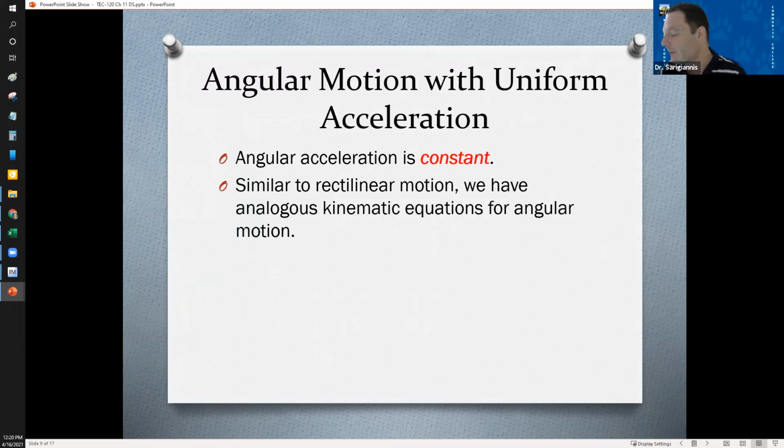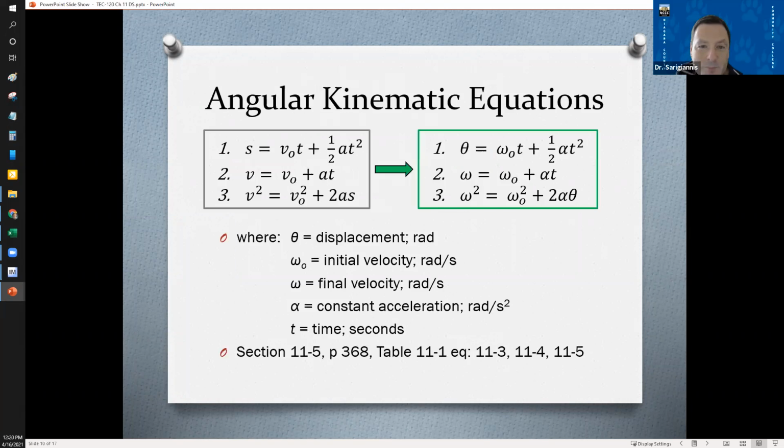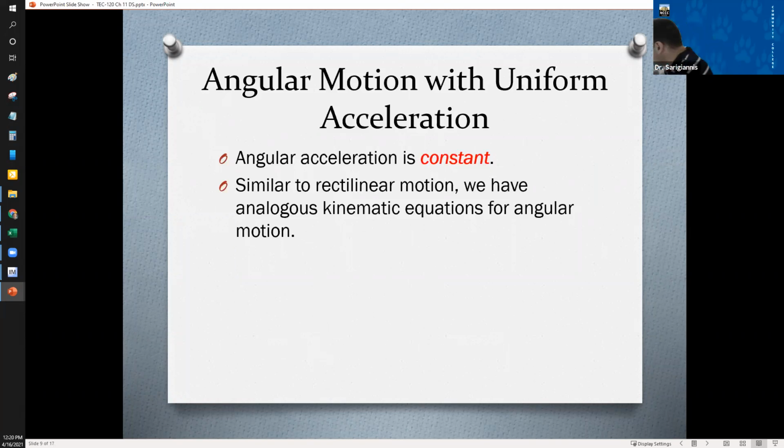When we were doing rectilinear motion, we talked about uniform acceleration, right? So this is where acceleration is constant. Sort of like gravitational acceleration is always constant.